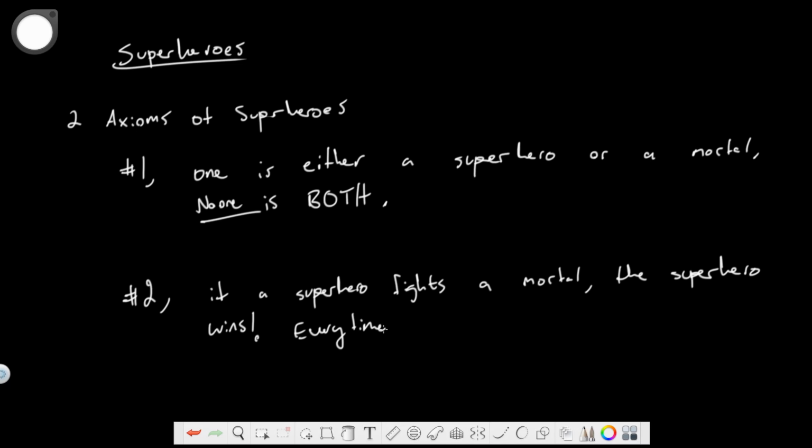I know there's some humans that have beaten superheroes, but in order to proceed with this analogy, you must understand and accept these 2 axioms of superheroes. A person or a being is either a superhero or a mortal, but no one is both a superhero and a mortal. And if a superhero fights a mortal, the superhero wins every single time. These are our 2 axioms of superheroes.